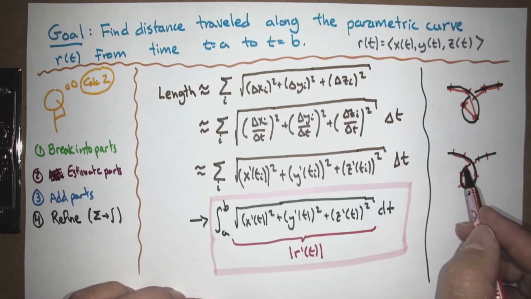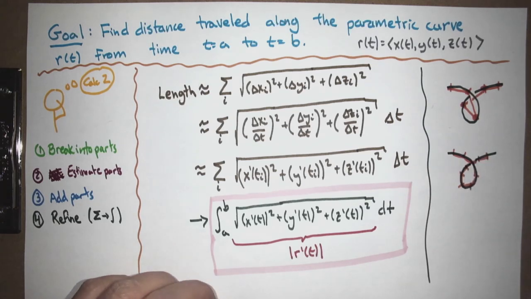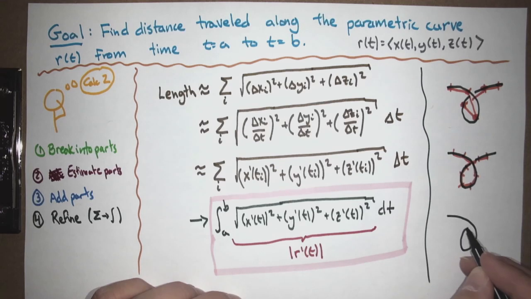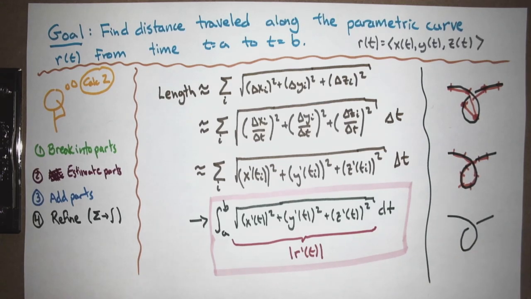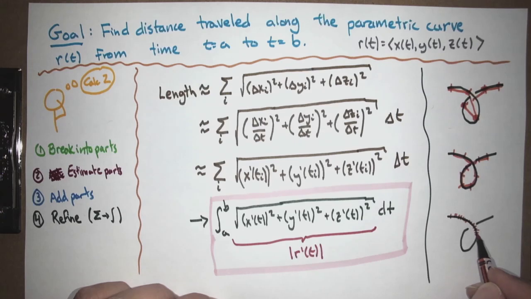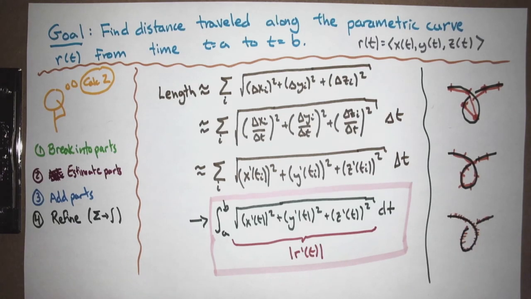Is it perfect? No, but it's close. And eventually, there's this notion of the limit, which is to say, imagine that you broke it up into really, really, really tiny parts. In particular, as the number of parts gets very large, the difference between the approximation and the actual curve is imperceptible.